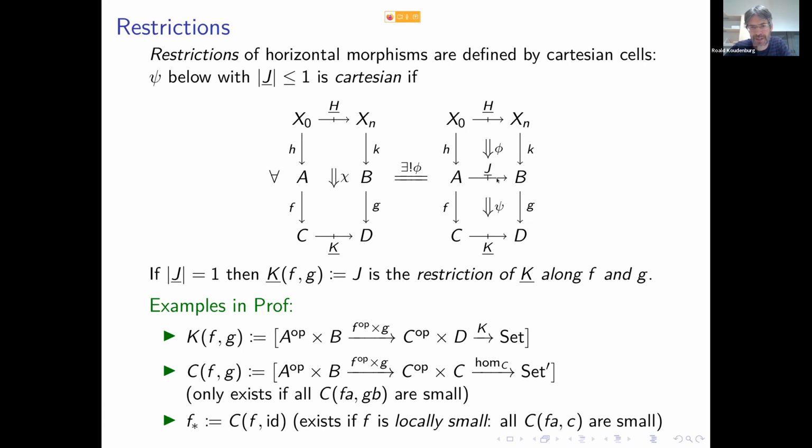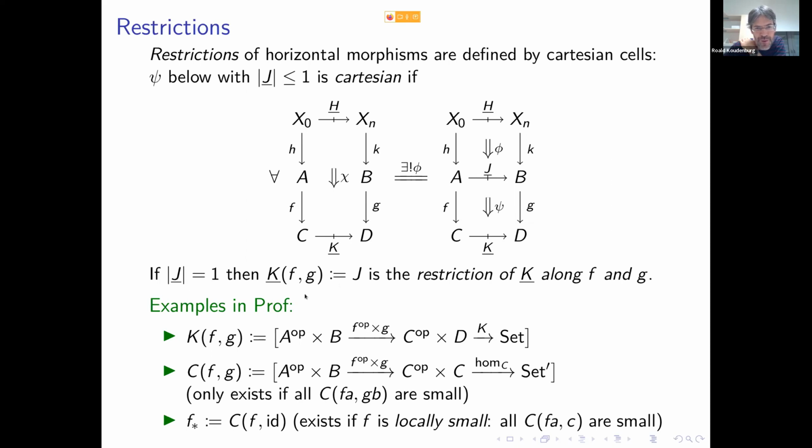So it's either a single horizontal morphism or it's an empty path, then it's just an object. We call that psi Cartesian if it satisfies this universal property. So for every cell chi into the same horizontal target as psi and whose vertical boundaries factor through f and g, then the whole chi factors through psi as a cell phi.